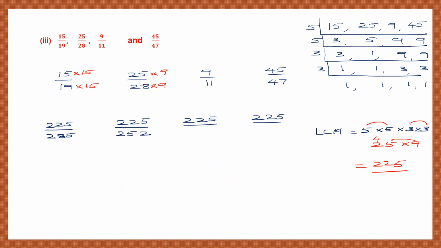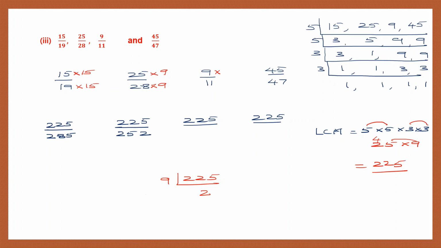Now for the third fraction, the numerator is 9. Now 9 has become 225. So 9 into what will give us 225? So let's divide 225 by 9 and see what we get. 9 2s are 18. The number is 22.